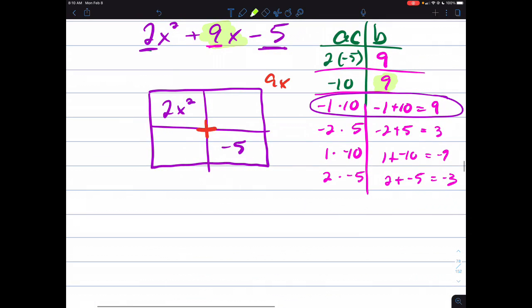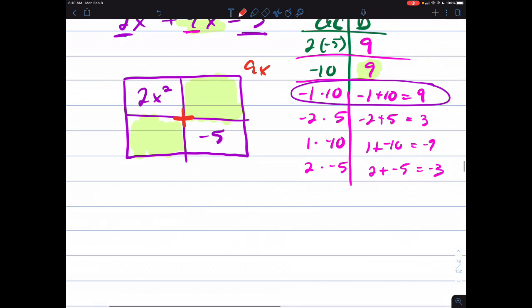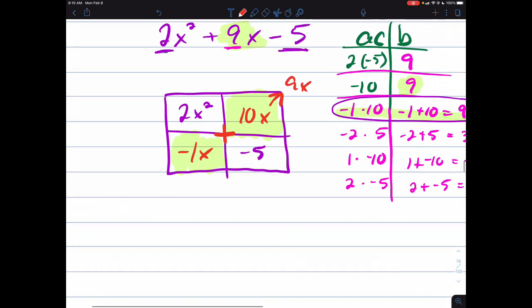So those two numbers are what we're missing. Using what we found in our table, that's going to be negative 1x and 10x added together to give me the 9x, right? Now I think this is the part that trips up a lot of people.